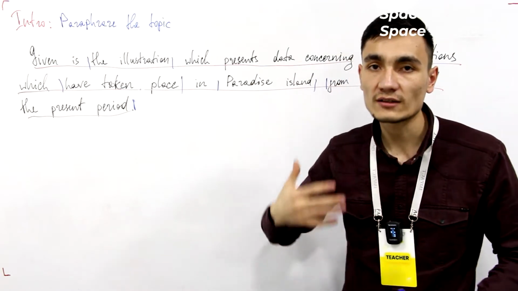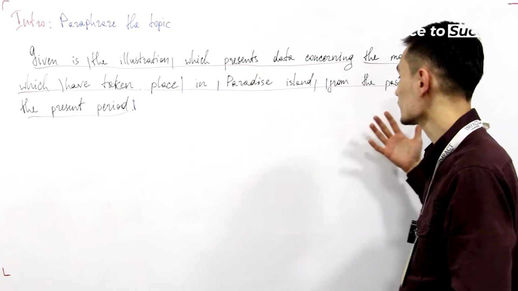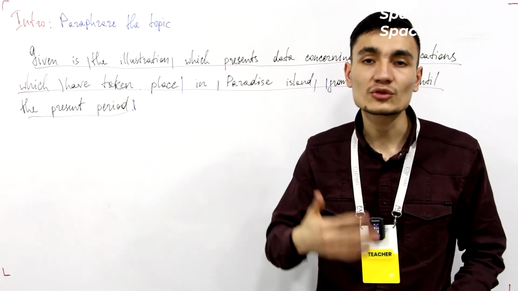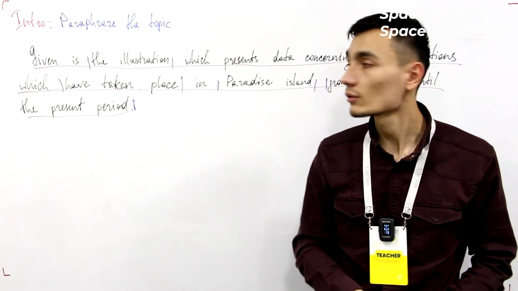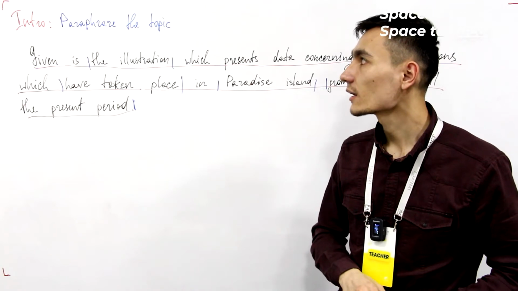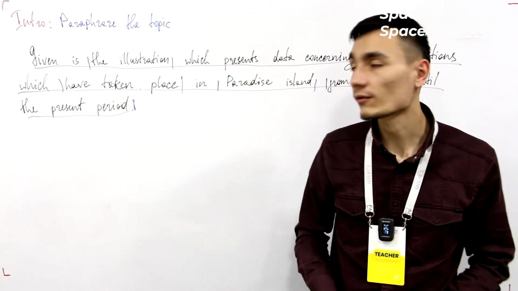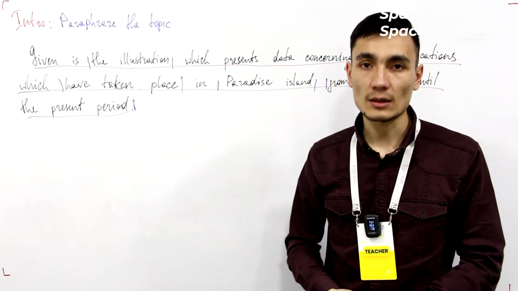So you just have to basically give the time period that it is covering. In our case, it was from the past until the present. It can be from 2005 to 2015. It can be anything that you are given. So basically, one sentence is the whole content of our introduction. We just have to paraphrase the topic, and with one sentence we finish the introduction and move on to the summary.